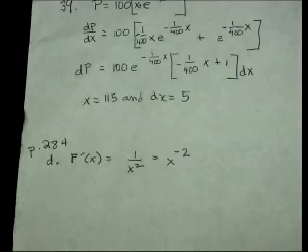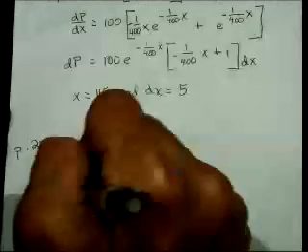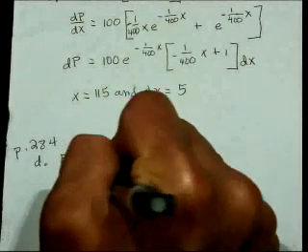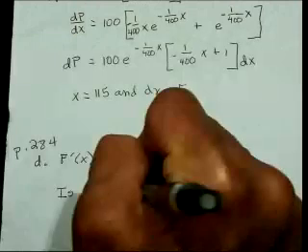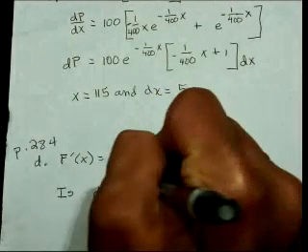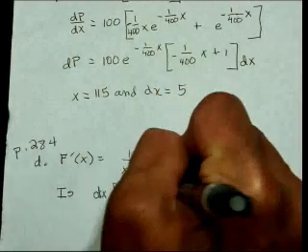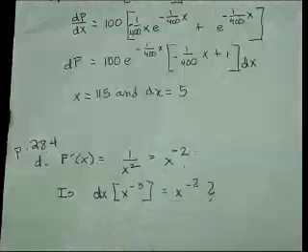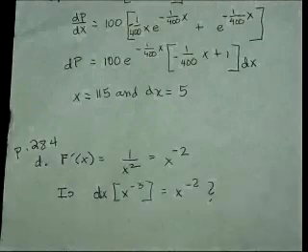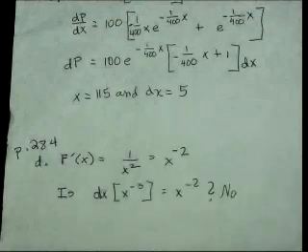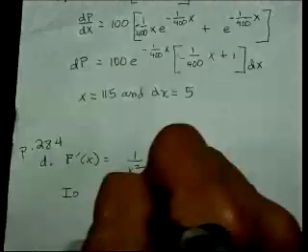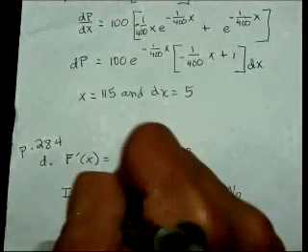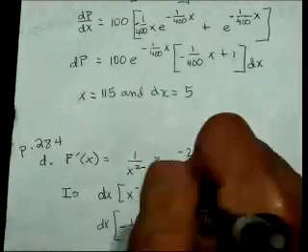So let me check this answer. Is x to the negative 3 the derivative of x to the negative 2? No. What about negative 1/3 x to the negative 3? No, that's not right.